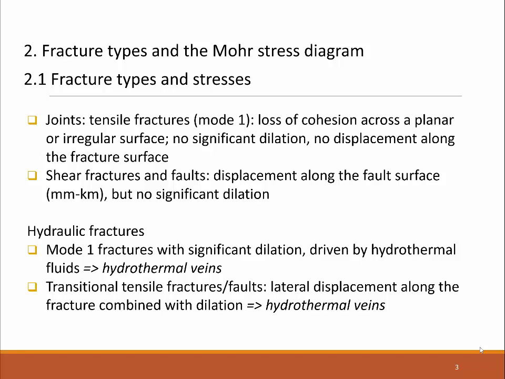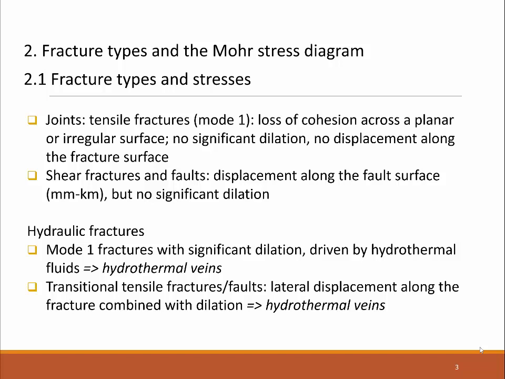Some hydrothermal veins are tens of meters thick, and their formation is driven by the fluid pressure exerted from hydrothermal fluids. A second type of hydraulic fracture forms similar structures, but in these kinds of transitional tensile fractures or faults, we find a combination of tensile opening, creating the space for the hydrothermal vein, that goes together with lateral displacement along the fracture surface.